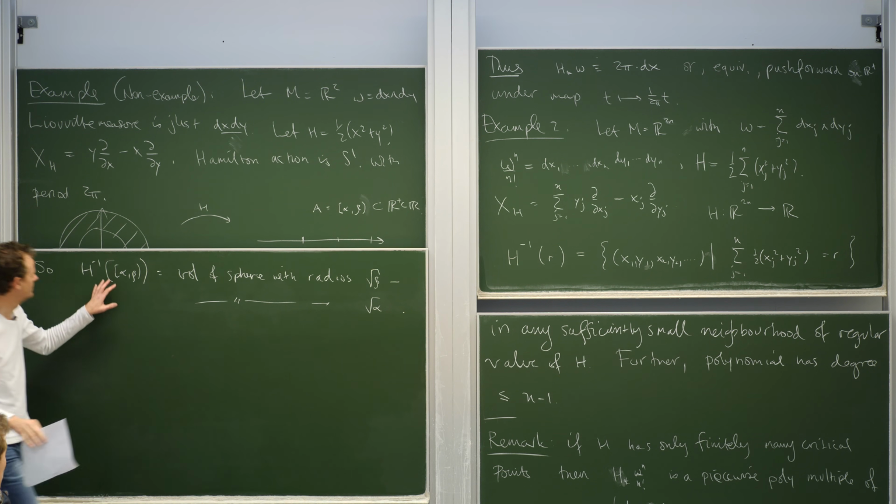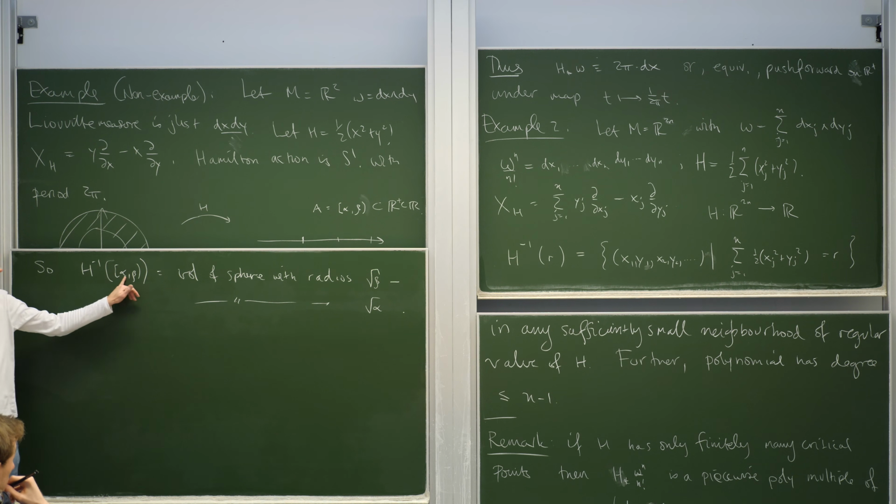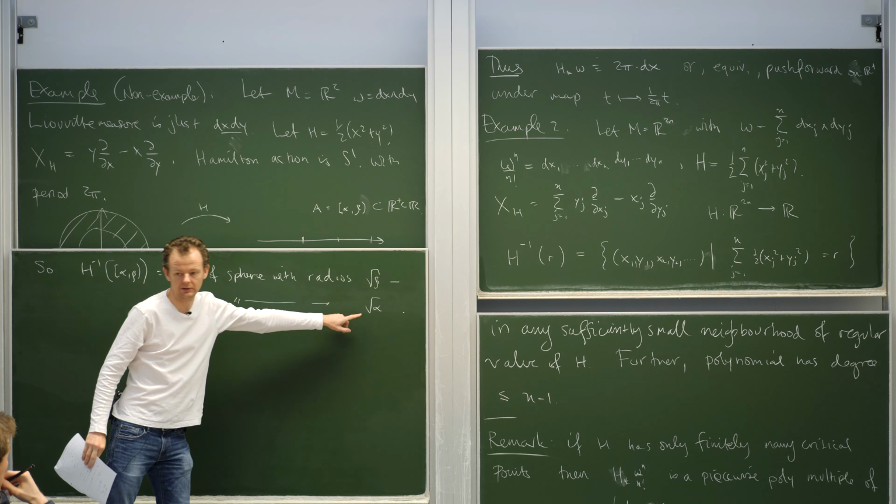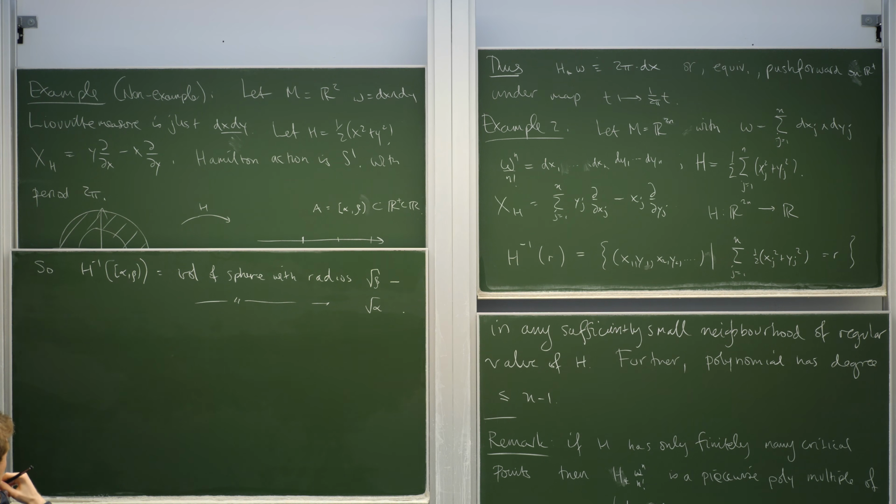So, the volume of phase space with energies lying between alpha and beta is the volume of the sphere with radius root beta minus the volume of the sphere with radius root alpha.